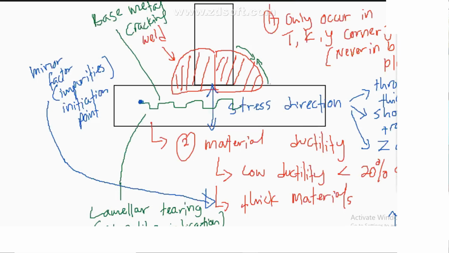It starts to pull half of the plate up. So the half of the plate is now being pulled up by the weldment, and the other half stays restrained. So it keeps pulling and pulling, and the material is low ductility, easy to break.